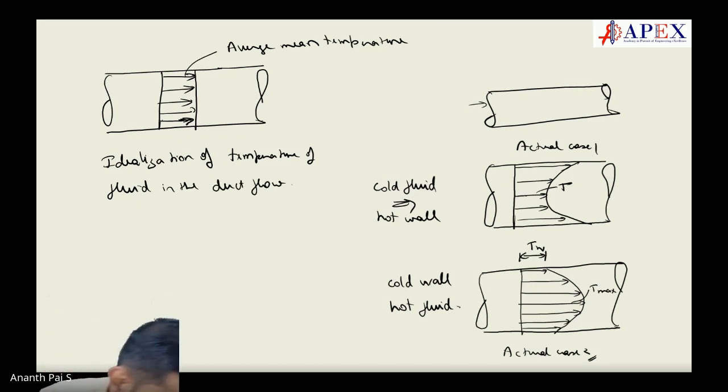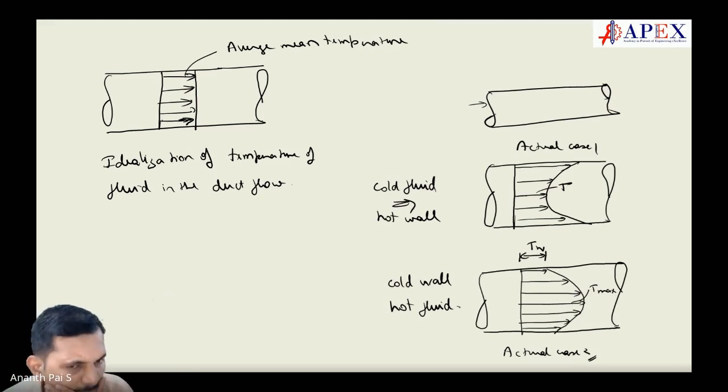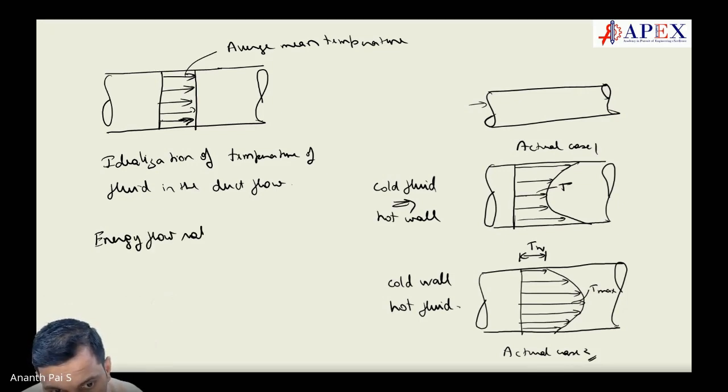Let us look at how it comes. So what should happen? Just like Q is the volume flow rate in pipe flows, here we have the energy flow rate of the fluid.